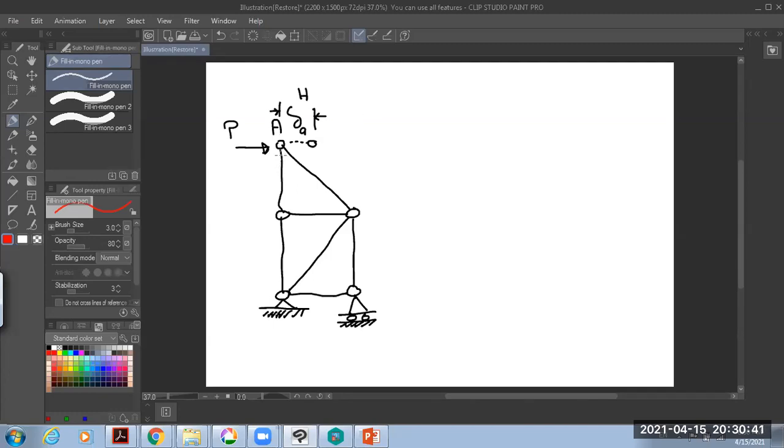It can be deflected vertically like that. Can it be at the same time? At the same time, this joint will deflect diagonally, inclined, like that, due to this load.